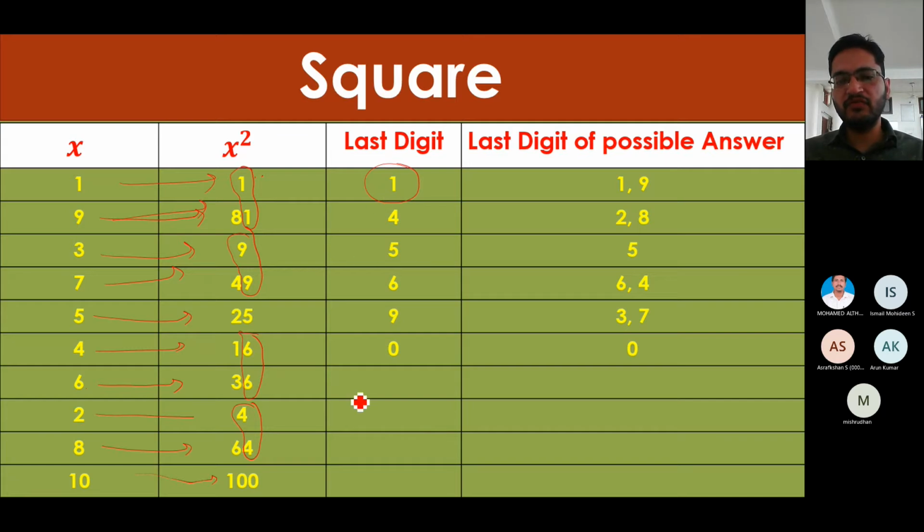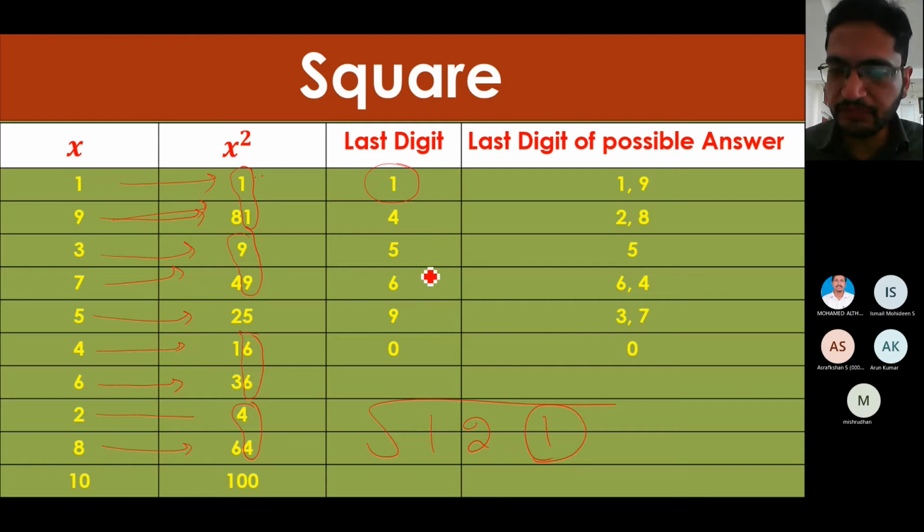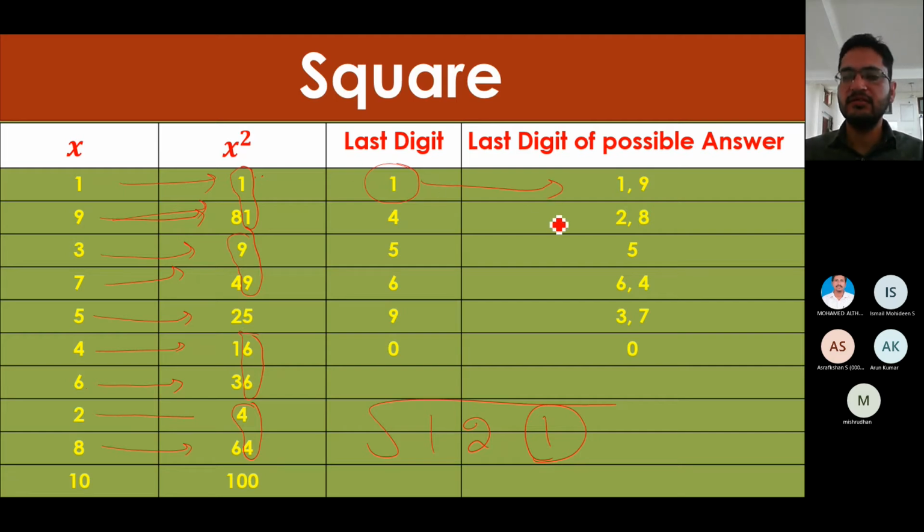So when we want to find a square root of a number which is ending with 1, the unit place of the answer is either 1 or 9.